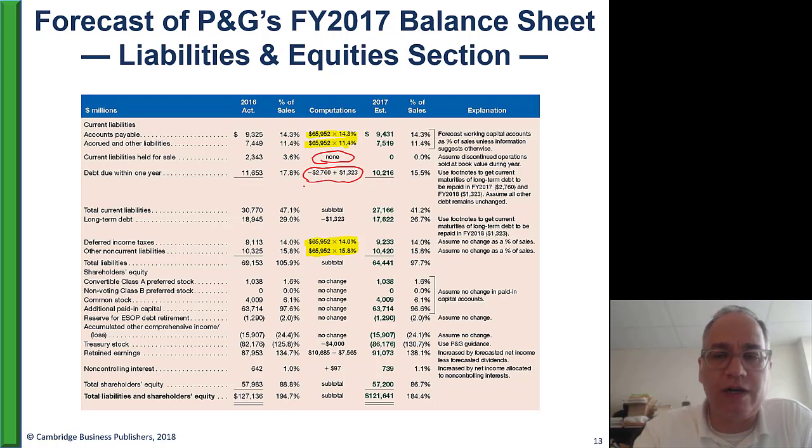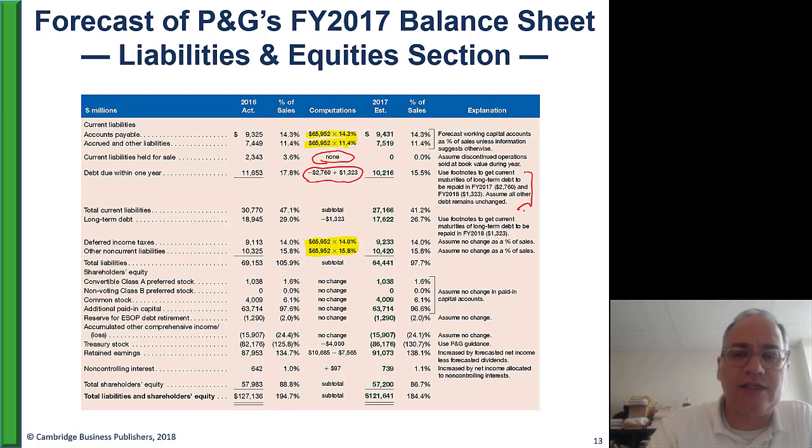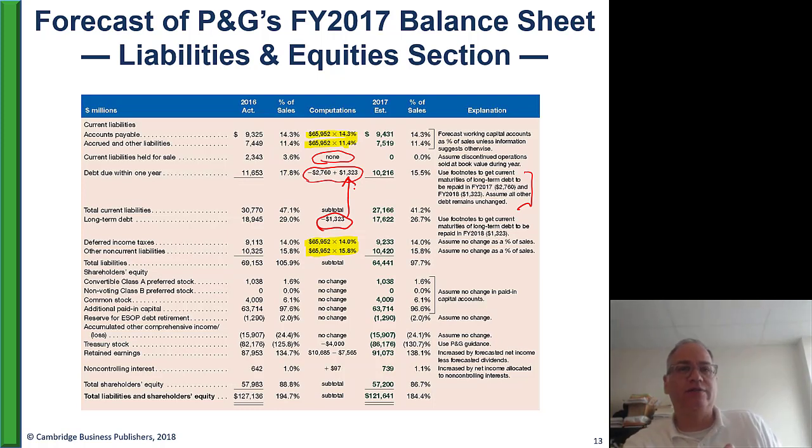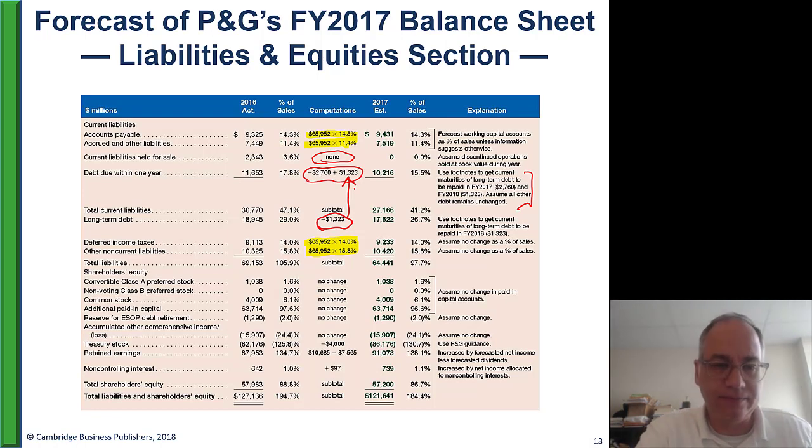I'm not sure, you'd want to read the footnotes carefully and get some guidance on how to do that. Long-term debt is also going down by the amount of money that's being moved into current. That's why that number flows right there. So as debt matures, it first gets moved to current liabilities and then it gets paid.